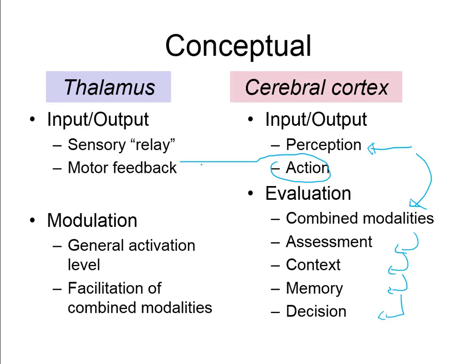Dorsal horn, does what? Crosses the midline or stays ipsilateral? What does it do? Temperature? What crosses? Second order, not that input fiber. So it's got a synapse where?